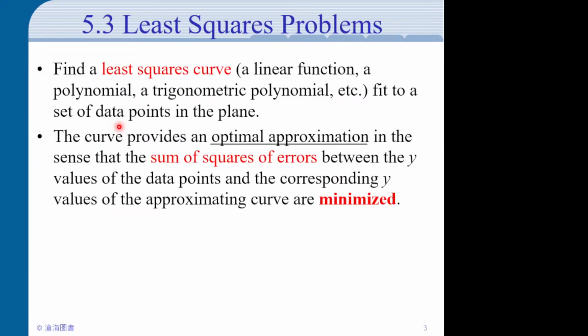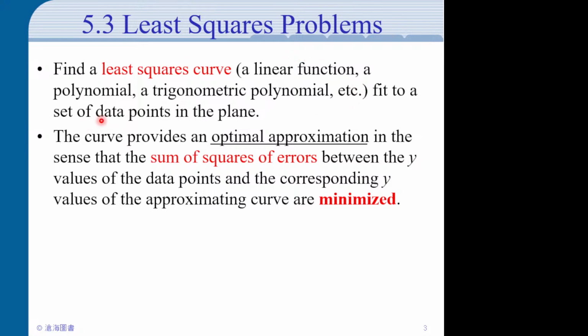And now we go to a very different thing. I guess not so different, but the first specific application of linear algebra: solving a least squares problem. So this is really an application.